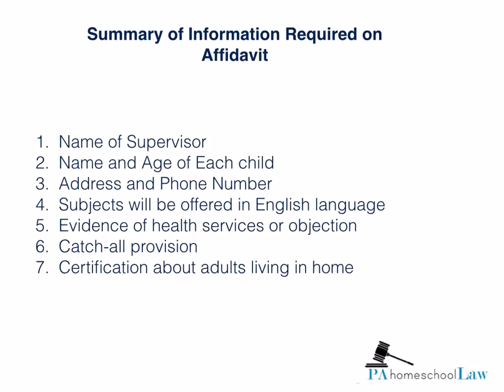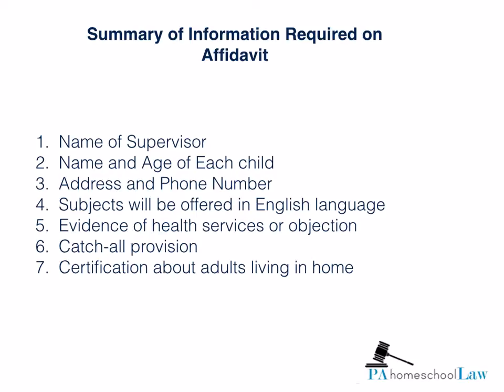So to summarize, let's go over the 7 elements of the affidavit. Number 1, the affidavit needs to include the name of the supervisor of the home education program. Number 2, the name and age of each child. Number 3, the address and phone number of the home education program. Number 4, a statement that the subjects will be offered in the English language.